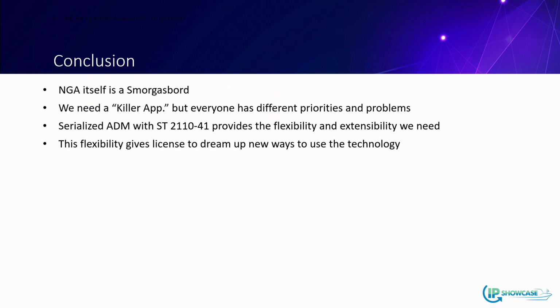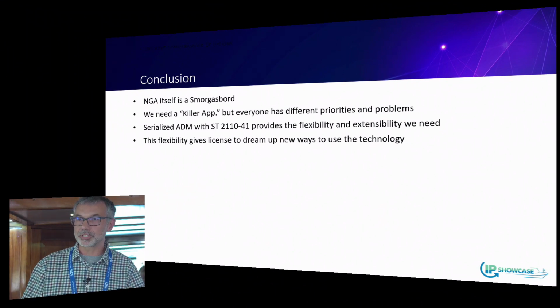A lot of people ask about NGA and all this stuff, and they say, well, what's the killer app? What's the thing that's going to move the whole industry forward, as if there's some magic thing? The reality is there's no silver bullet, there's no killer app. You talk to the various broadcasters, everybody wants something different. They've all got different problems to solve.